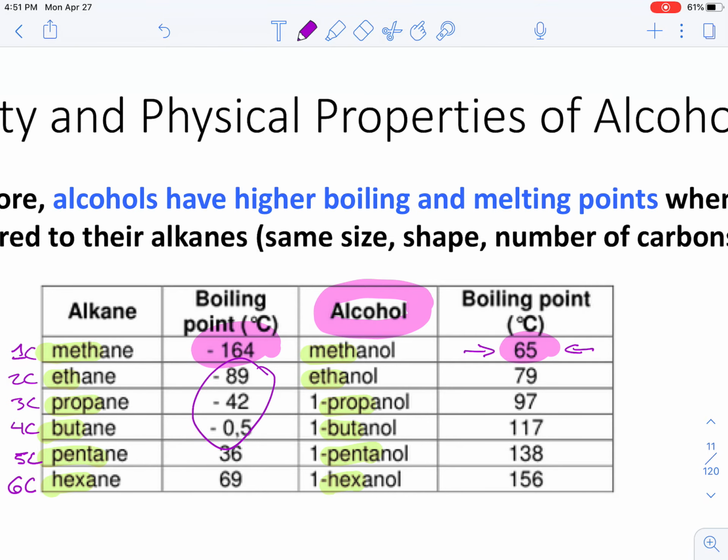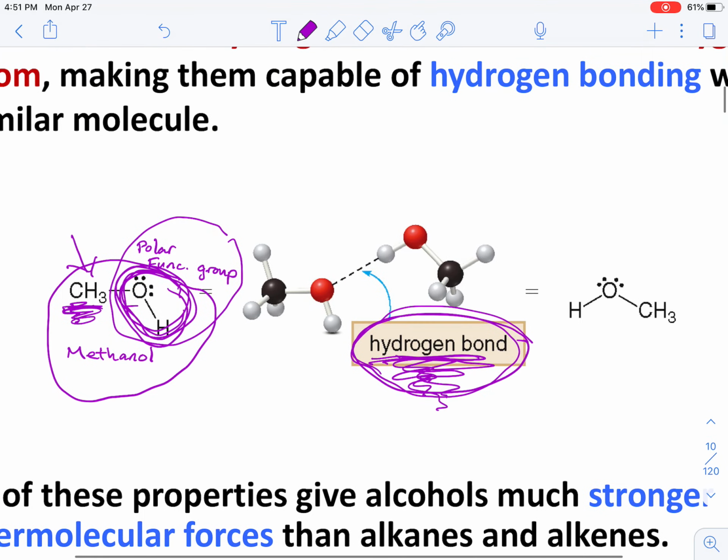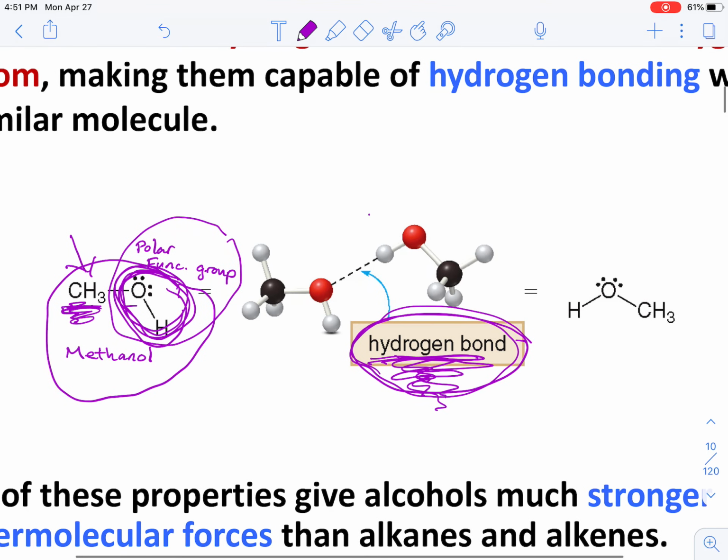And it's this idea of these molecules being able to access different types of intermolecular forces that are much stronger than if you just have CH4 with CH4. By the way, if you have CH4 with CH4, those are London dispersion forces, which are very, very weak intermolecular forces.